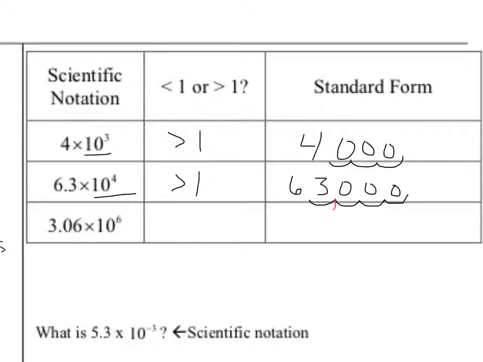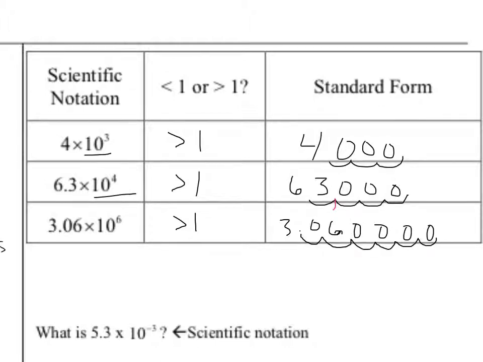Now 3.06 times 10 to the sixth, greater than 1 or less than 1? Greater than 1. And I have 3.06, and then I'm multiplying it by 10 6 times. What happens each time I multiply by 10? Move the decimal to the right. Okay, so 1 multiplication of 10, 2, 3, 4, 5, 6.